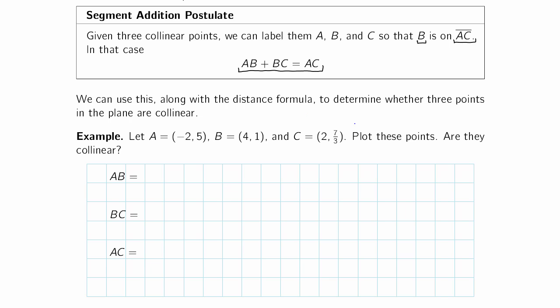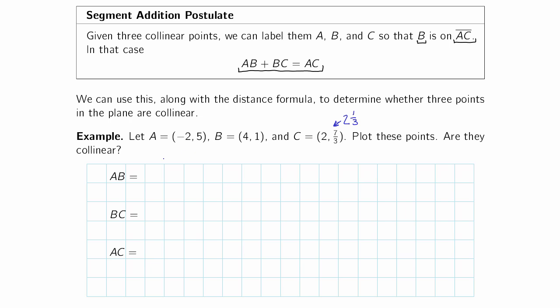Notice that this point is already going to be kind of unpleasant to plot, since it has a fractional coordinate. When we're planning our graph, we might want to make that into a mixed number. This is 2 1/3. You can make that into a mixed number on your calculator if you like, or by hand, whichever you prefer.